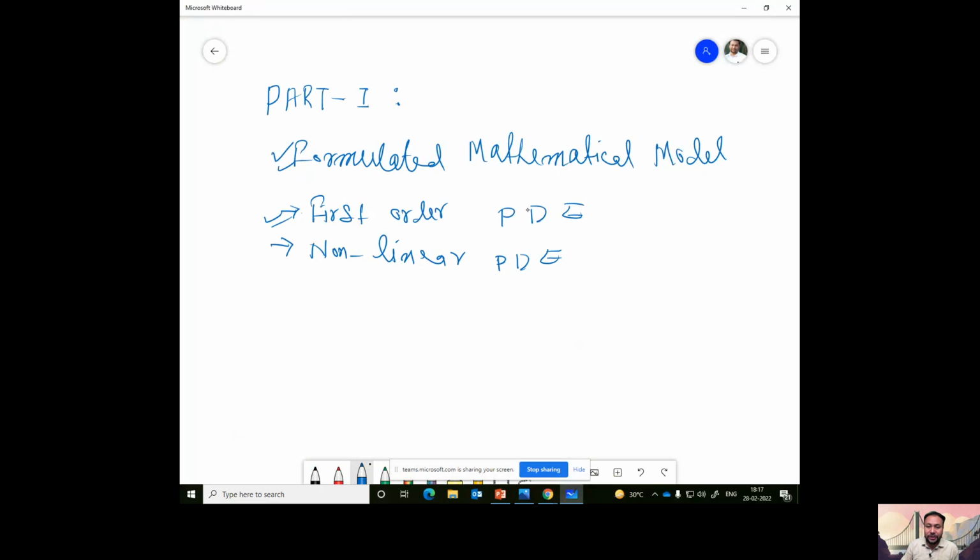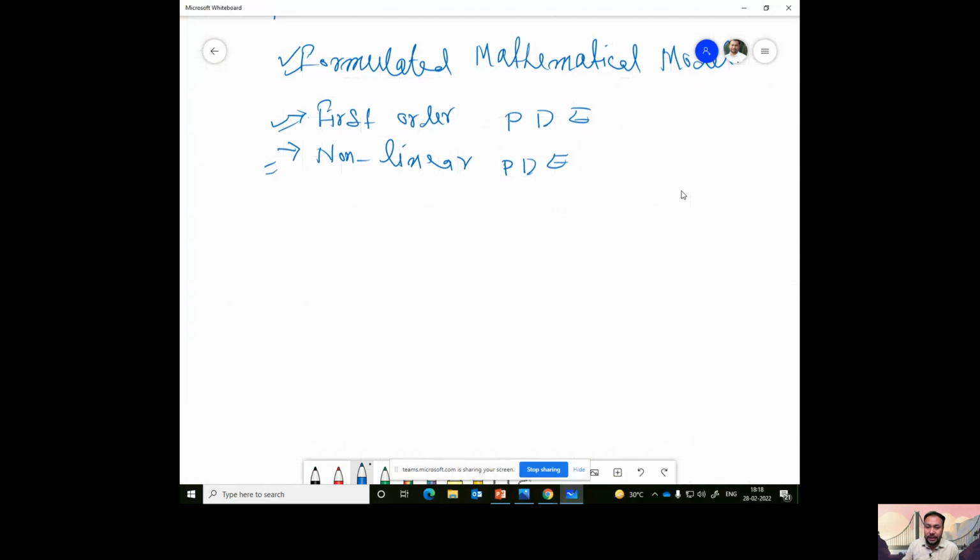It was a first order partial differential equation, and it is a nonlinear partial differential equation.